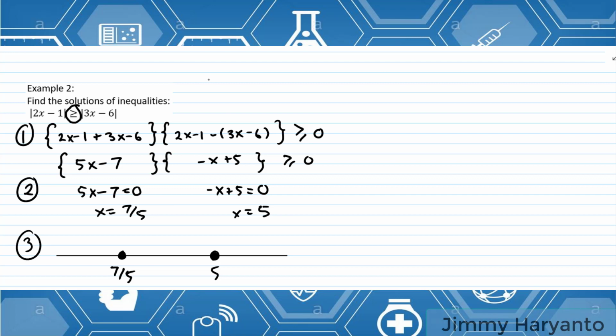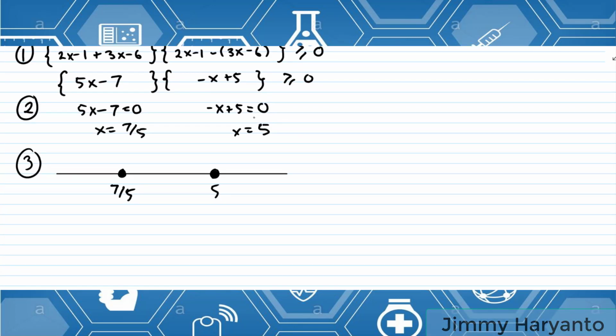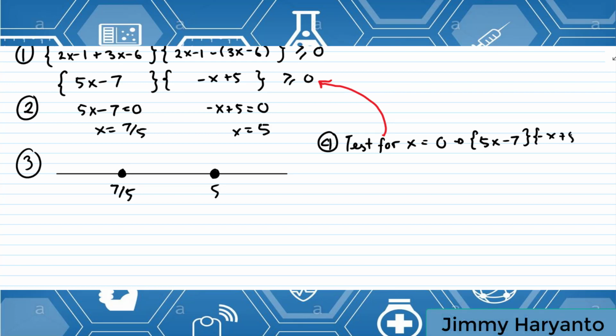Okay, and then number 4, we have to test for x equals 0 in this expression. So I can write 5x minus 7 times negative x plus 5 greater than or equal to 0.